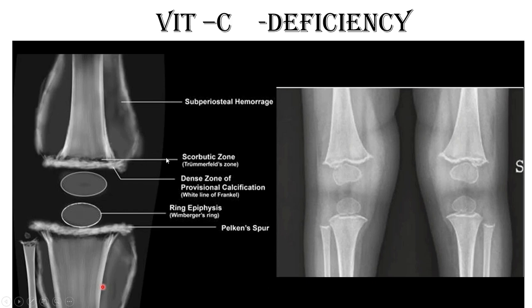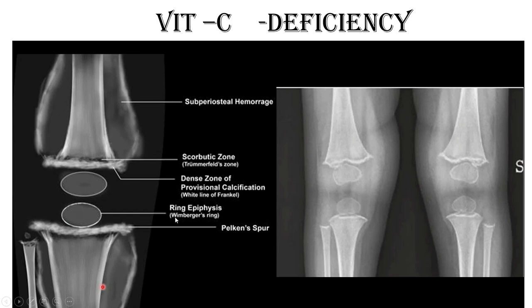This is also called the scorbutic zone or Trummerfeld zone. And there is a chance of dense osteosclerosis or a dense zone of provisional calcification just towards the epiphysis. This is also called the white line of Frankel. And in the epiphysis, there will be a white zone.